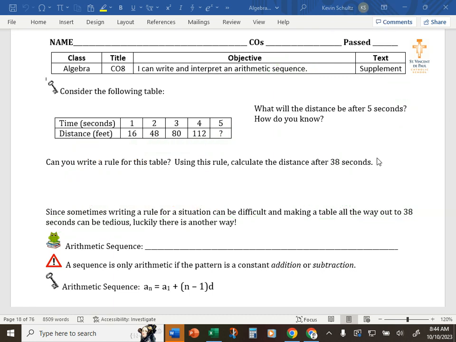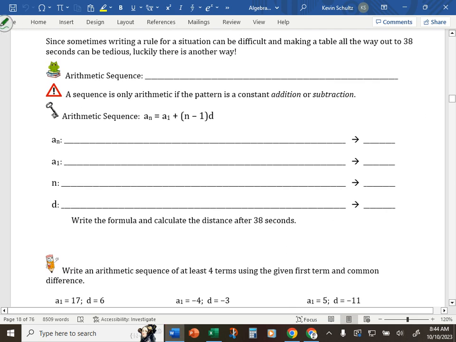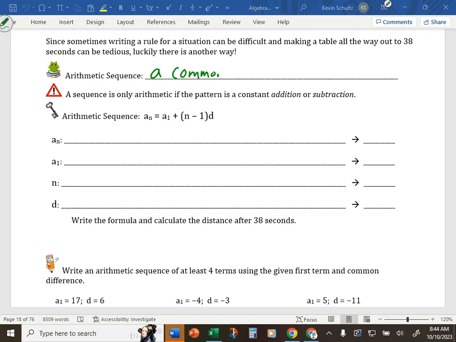Okay. The arithmetic sequence is a pattern. I should say a common pattern. We'll talk about that word common. A common pattern with addition or subtraction. And we've broken down this phrase.